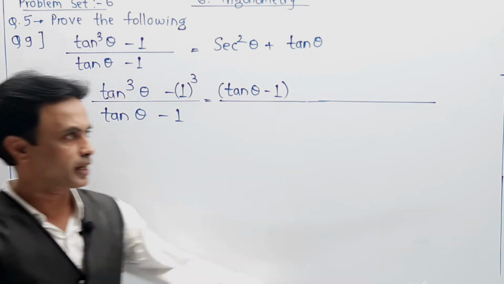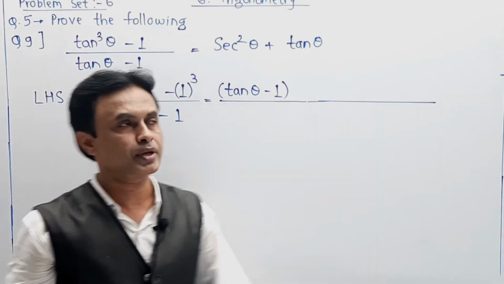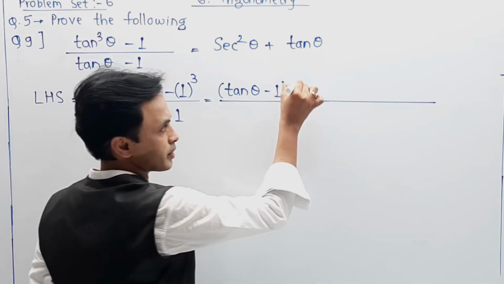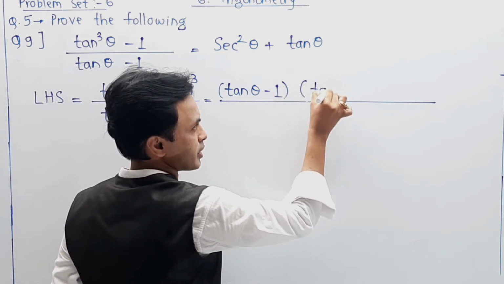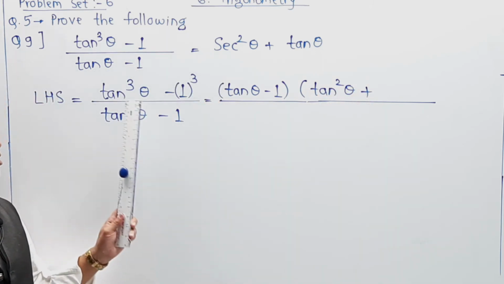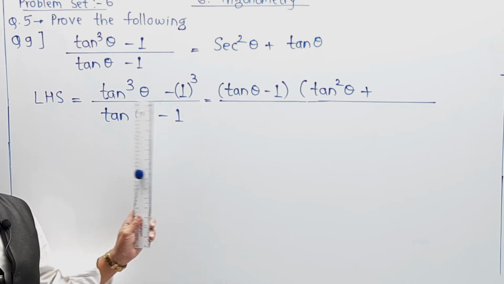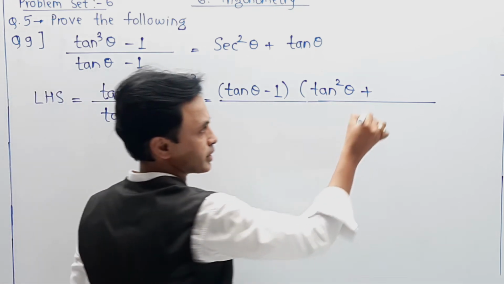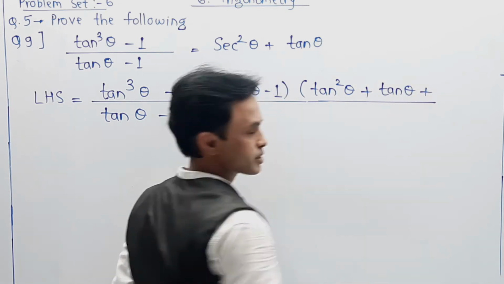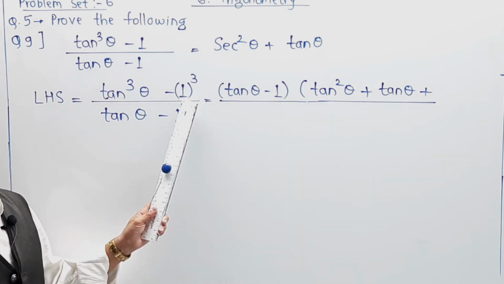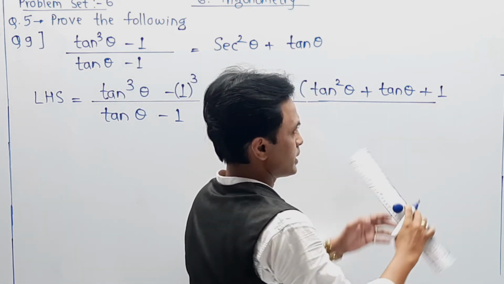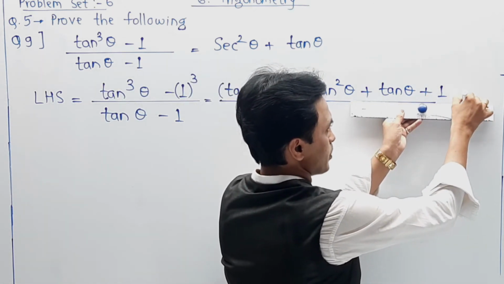In the second bracket, a square plus ab plus b square: a square becomes tan square theta, plus ab, where a is tan theta and b is 1, so tan theta into 1 is tan theta, plus b square, which is 1 square, and that is nothing but 1. In this way your step gets completed.